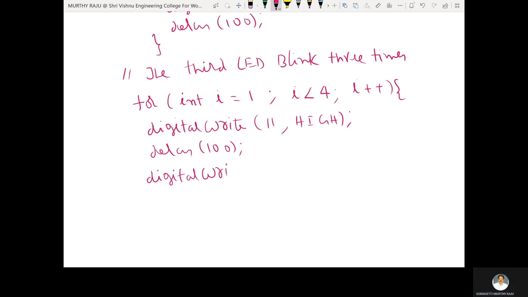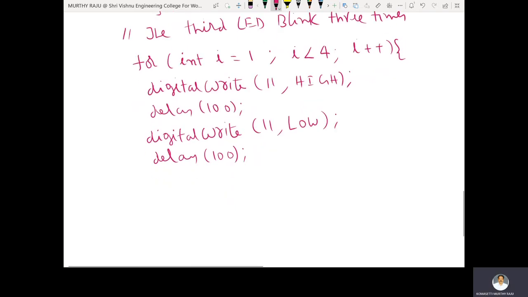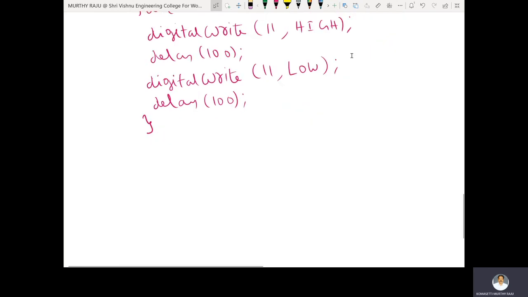Digital write low, delay 100 milliseconds, and the curly bracket is closed. The loop is repeated 3 times. These statements are executed. 3 times the LED is blinking. Third LED.